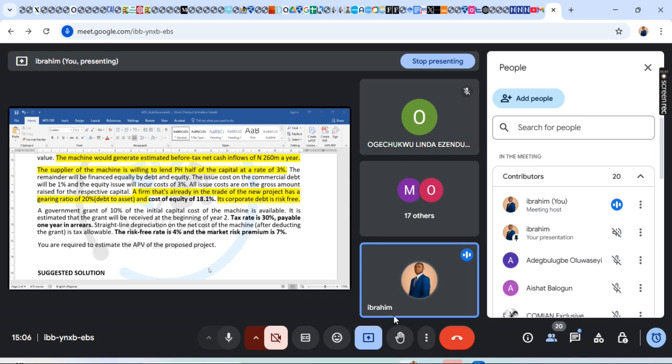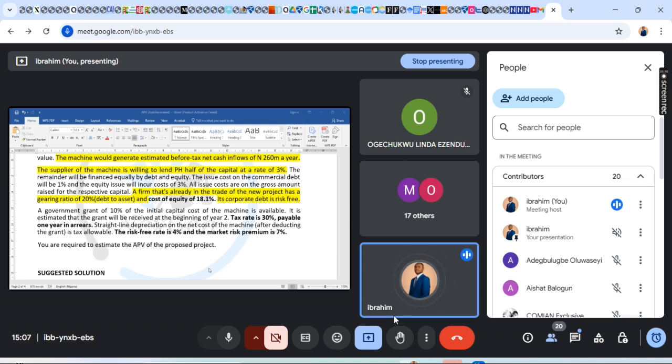So definitely the commercial rate will be 4%, and therefore the cost of debt, the cost of borrowing, will be 4%. Class, let me repeat this. The commercial rate is general. In the banking industry, the commercial rate is different from when you borrow from a bank that is not a commercial bank.